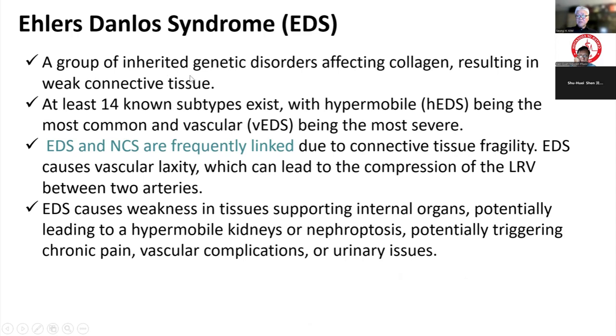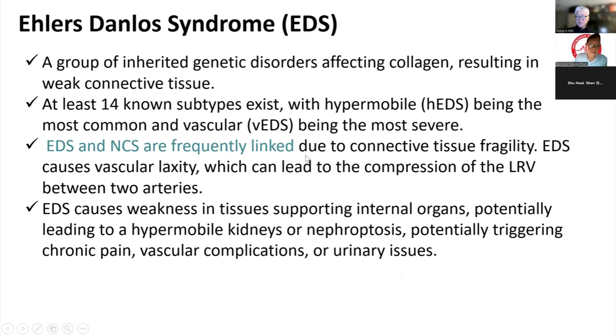It's a group of inherited genetic disorders affecting collagen tissue, resulting in weak connective tissue. At least 14 known subtypes exist. Hypermobile Ehlers-Danlos syndrome is the most common, and vascular Ehlers-Danlos syndrome is the most severe.